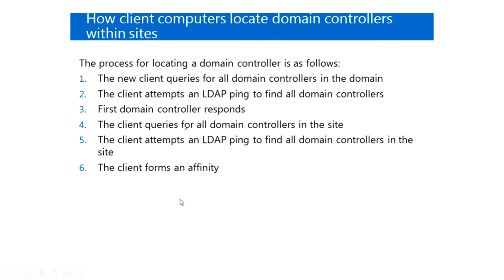The client queries for all domain controllers in the site. The client attempts an LDAP ping to find all the domain controllers in the site. The client forms an affinity. Basically, the client will try to contact all the domain controllers available or reachable within the network, and it will use the first one which is configured.